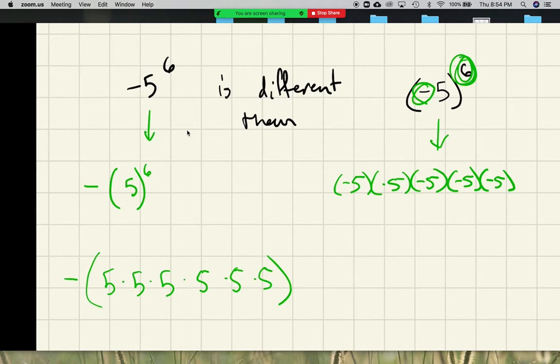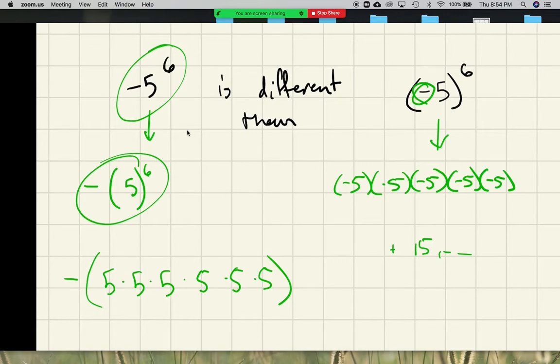So if the exponent is even, then you just end up with positive 15,625, whatever it was. But since this is the same as this, it means the negative's on the outside, which means you have to just tack it on to the very end, so it should end up as -15,625 or whatever it is. Does that make sense? Yeah, I got it.